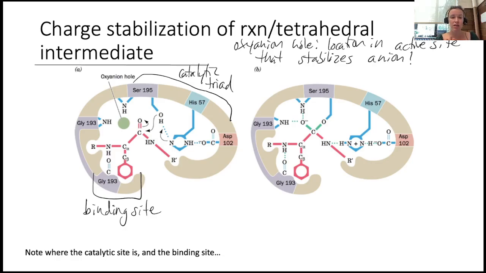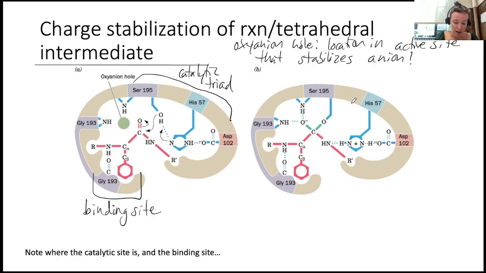It's easier to see in the picture on the right-hand side. So on the right-hand side, you see we have our tetrahedral intermediate with a negatively charged carbonyl oxygen. This negatively charged carbonyl oxygen is the oxyanion. So how does this active site stabilize the oxyanion?